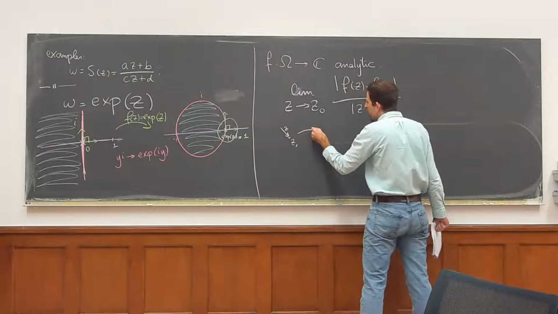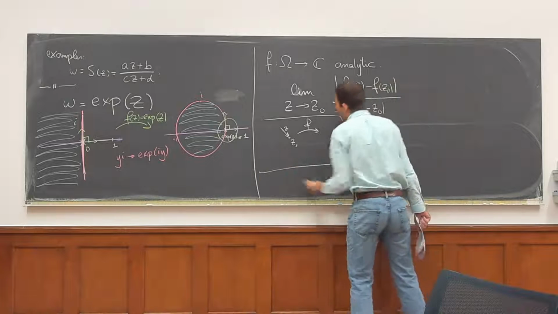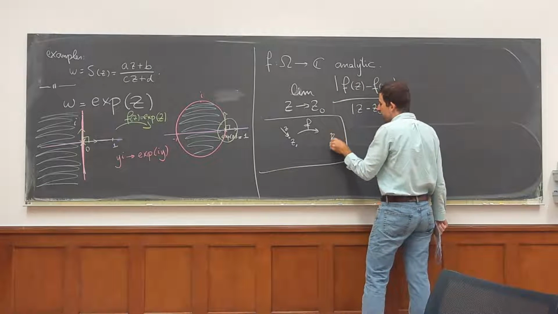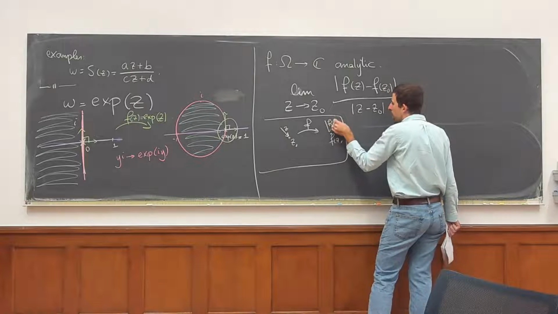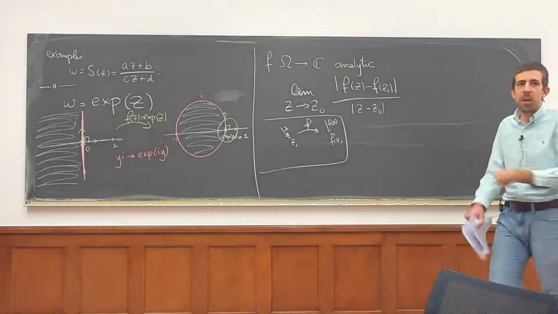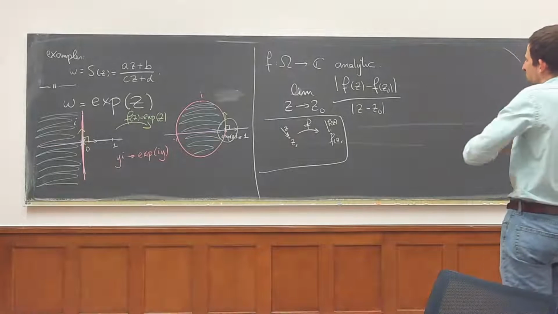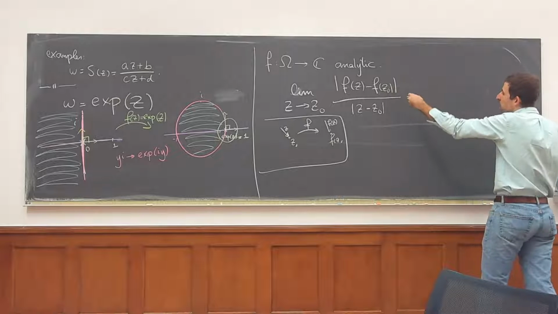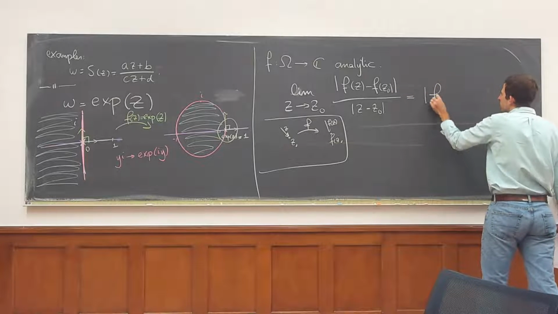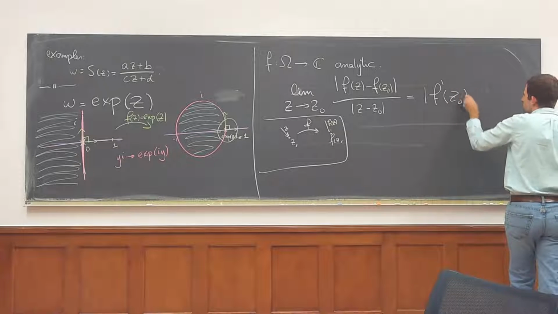On the other side, I have a point f(z0) that I'm approaching by f(z). Now I can ask, how does the speed of approaching vary? This is exactly what this is capturing. I can push the absolute values outside of everything. If the function is analytic, all this is the norm of f prime of z0.